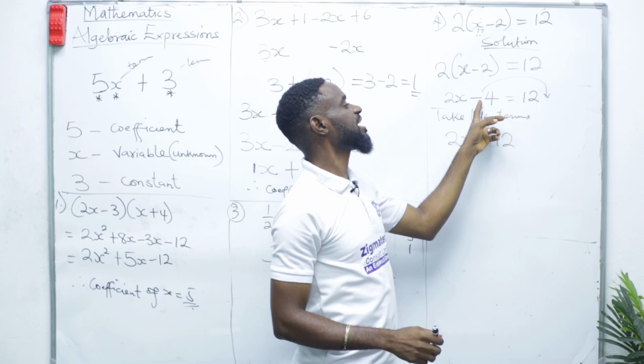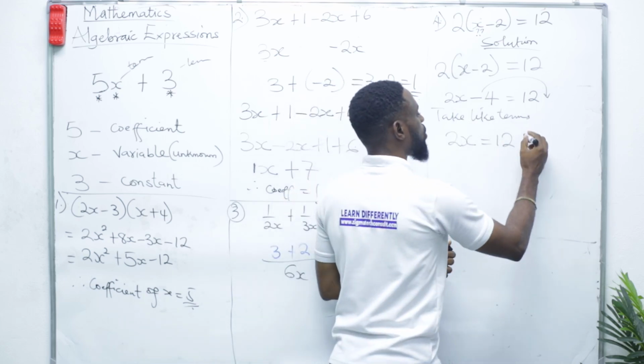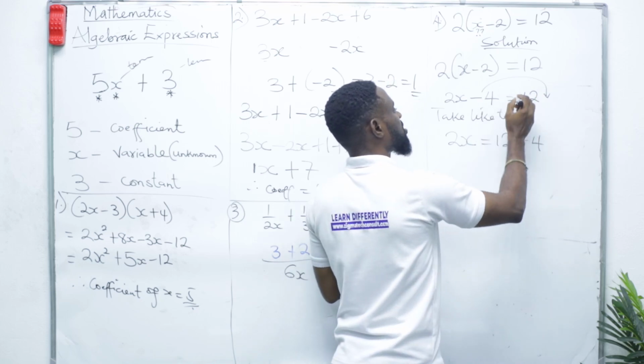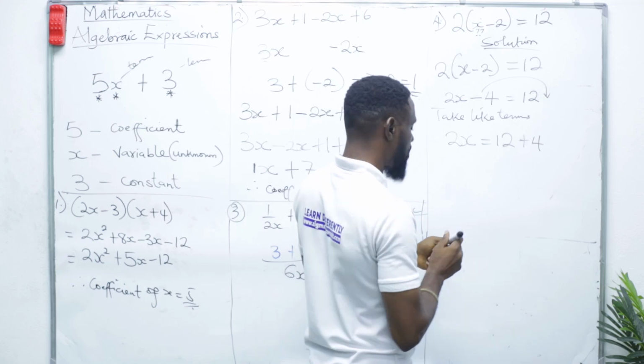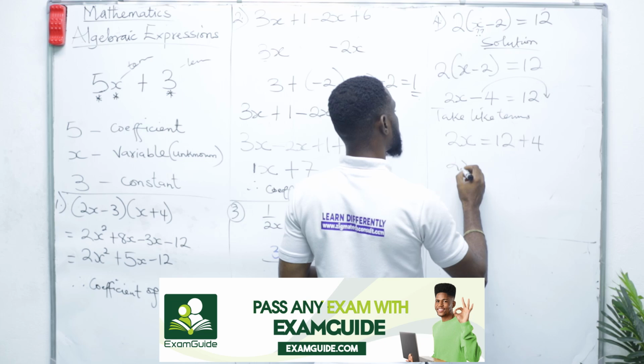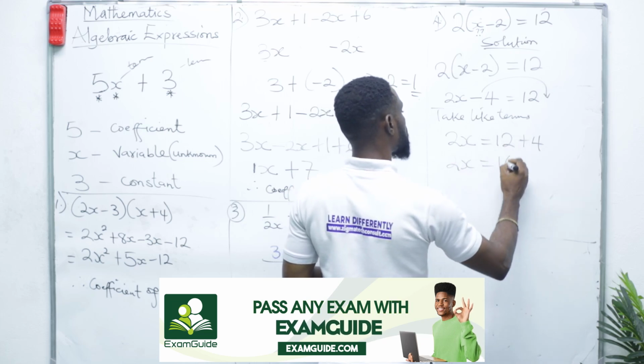So this negative sign will change to positive. So this will now be plus 4 instead of minus 4, because it crossed this bridge and must change its sign. So 2x will now be equal to 12 plus 4 gives us 16.